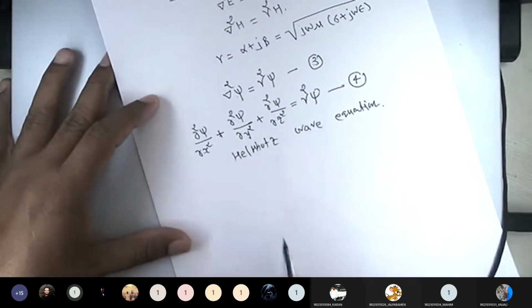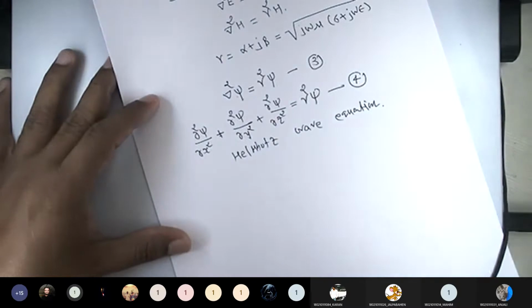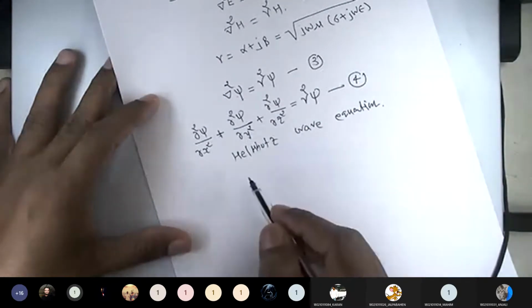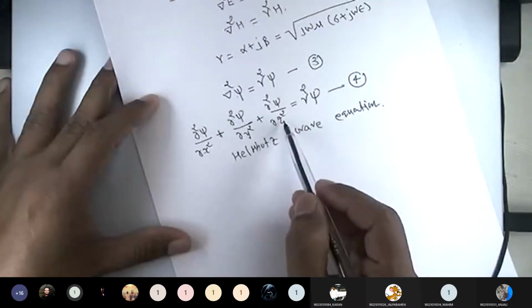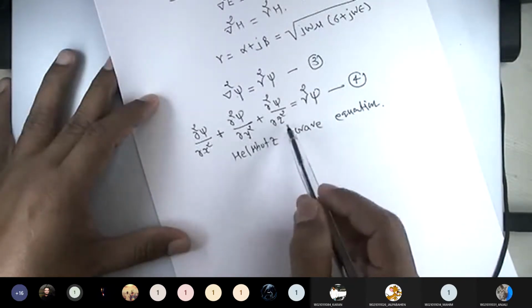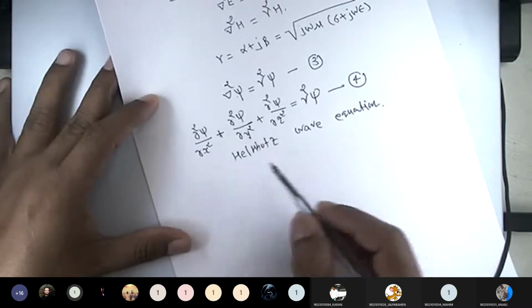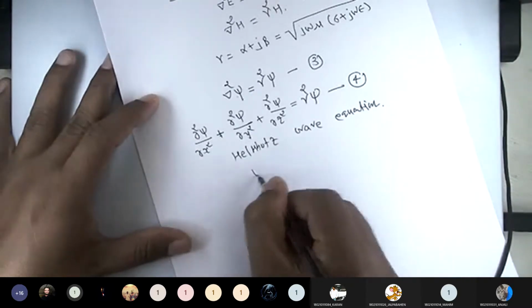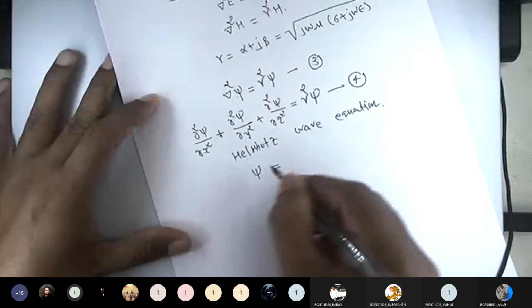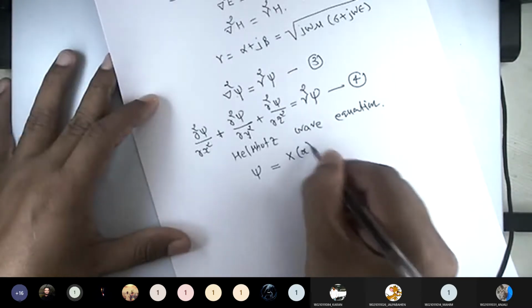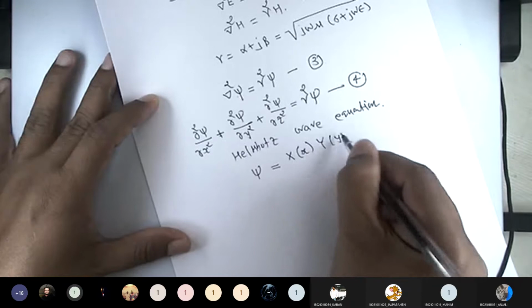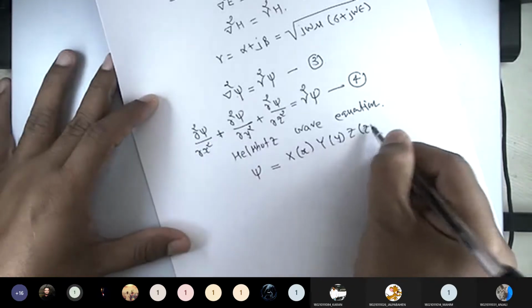Here we take the condition that if these three variables x, y, and z are all independent of each other, then the solution of equation number 3 can be expressed as psi equal to X of x, Y of y, and Z of z.